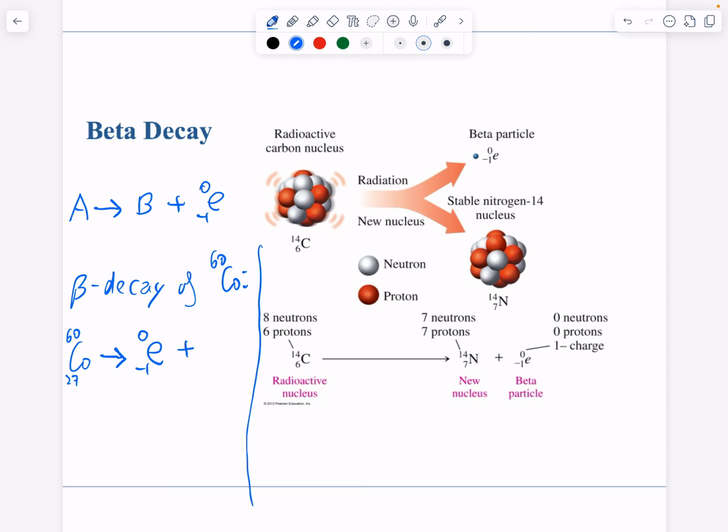This is minus 1, so that means this has to be 28, because 28 minus 1 is 27, and the top is going to stay at 60. If you look in the periodic table, who is 28? 28 is nickel. And this is your beta decay of cobalt 60.